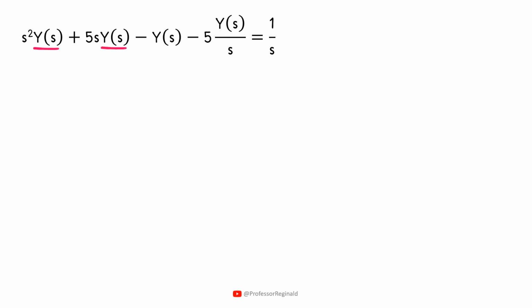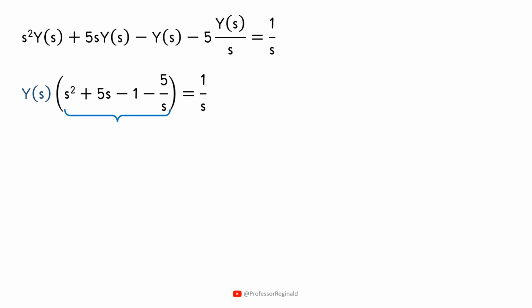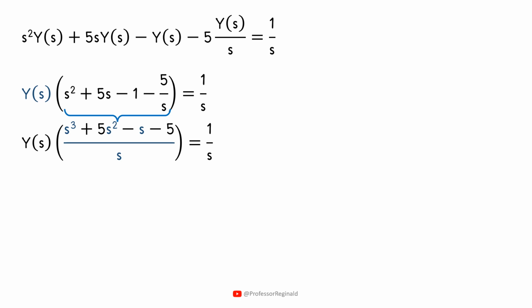Factor out a common factor. Combine these terms into a single rational expression. And divide out a common factor between the two sides of the equation.